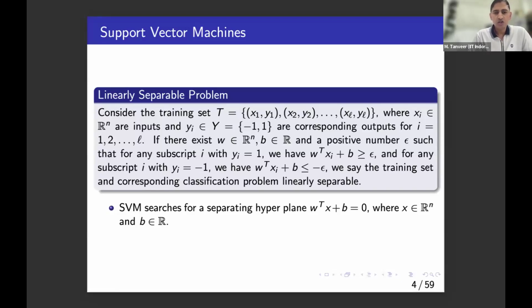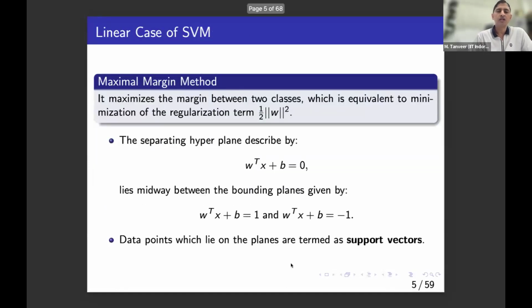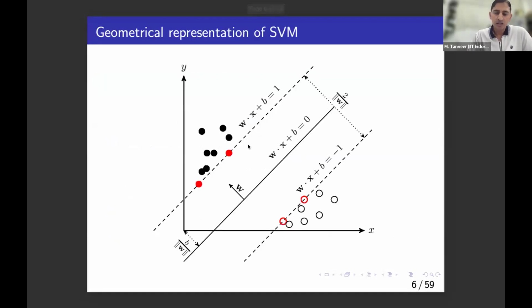As I mentioned, the first property of SVM is the concept of maximizing the margin. Essentially, we need to find the margin between two classes, which is equivalent to minimization of the regularization term, that is half norm of w squared.